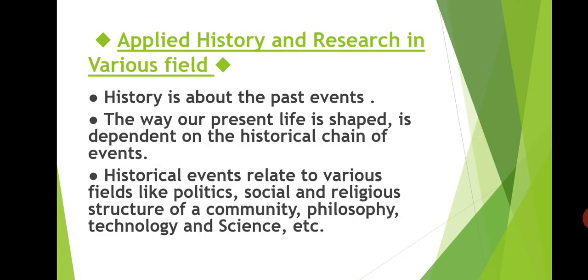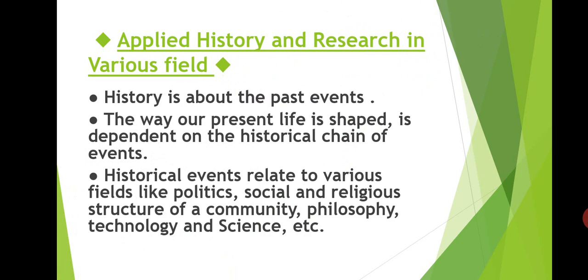Our next topic is applied history and research in various fields. History is about past events. The way our present life is shaped is dependent on the historical chain of events. Historical events relate to various fields like politics, social and religious structure of a community, philosophy, technology and science, etc. Each of these fields has its own history of building knowledge.